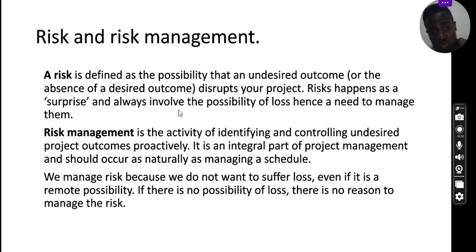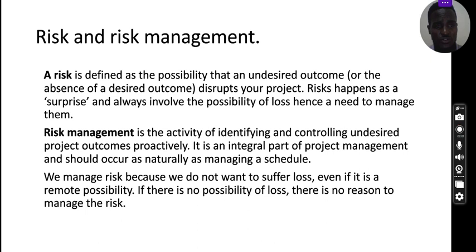Then what is risk management? It is the activity of identifying and controlling the undesired project outcomes proactively. That brings me to the concept of proactive risk management, but we shall talk about it later. We are saying that it's an integral part of project management and should occur as naturally as managing a schedule.